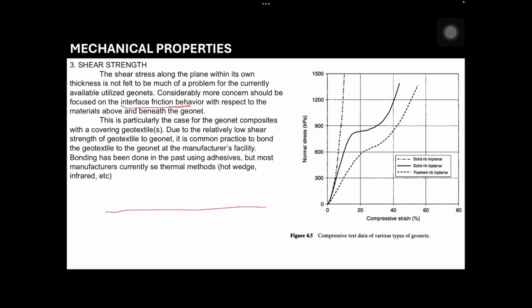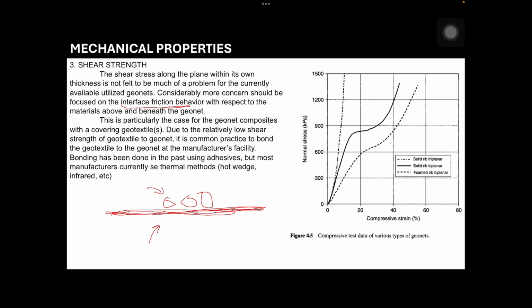Geonets are placed between soil, so there is soil here and soil there. The type of soil can be very high in friction. For example, if it is rocky with large granules, you are high in friction. So that is the more concern for geonets.